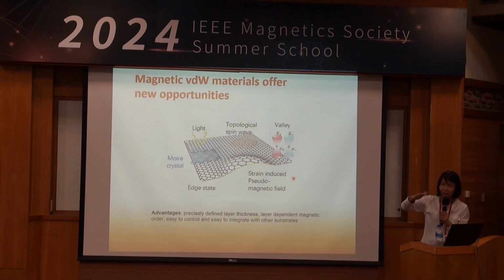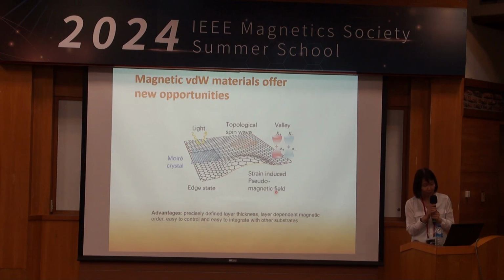And of course, they're very soft, so you can tune their property using strain. You can strain it so much that you can create a sizable pseudomagnetic field. There's a reason why physicists are obsessed with this material. But they're not going to be useful anytime soon. So if you're only interested in application, you can take a nap.